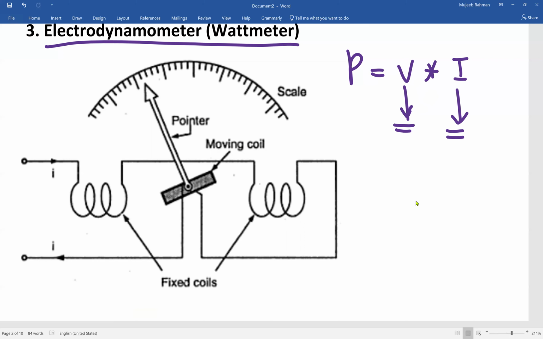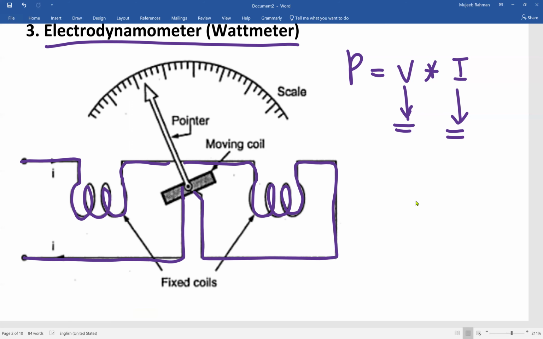One coil is the fixed coil, another one is the movable coil, or the moving coil, and the current is applied through these fixed coils. These are the fixed coils here. These two coils are connected in series, and that is again connected in series with the pressure coil, the second coil here.